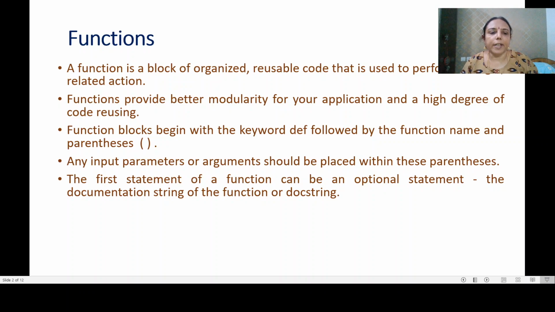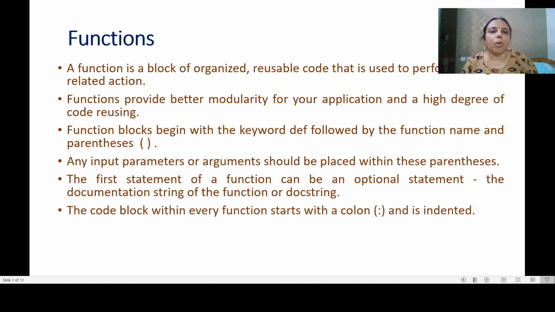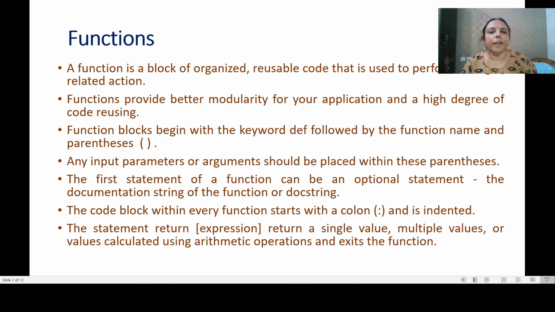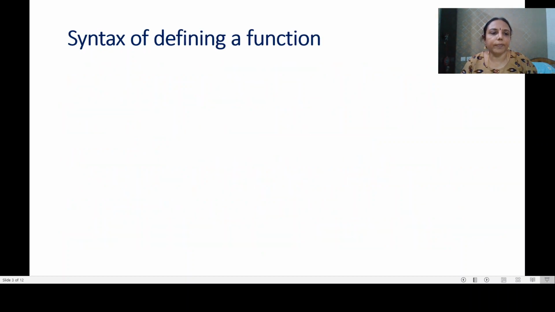That is called a documentation string or a docstring. The code block within the function starts with a colon and is indented. And we can use a return statement, which will return a single value or multiple values, or the values calculated from arithmetic operations, and it will exit the function.